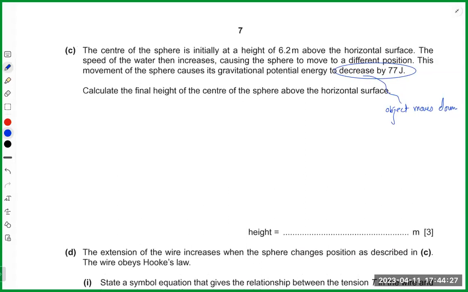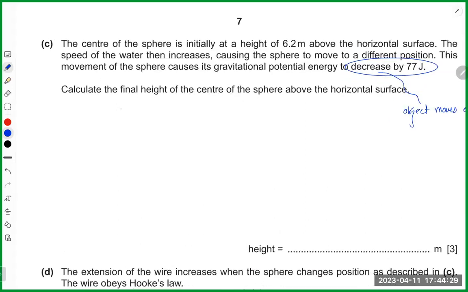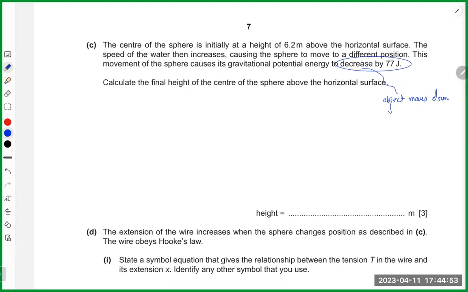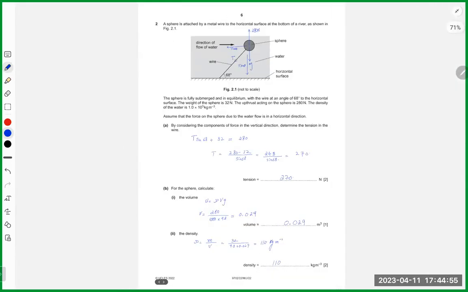Now, first of all, you have to find the change of height. Was the height given?